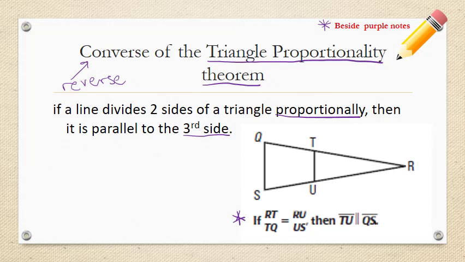So if RT over TQ is equal to RU over SU, then line TU is parallel to line QS. So we're saying if we find that this segment over this segment is equal to this segment length over this segment length, then we can say that this line and this line are parallel.